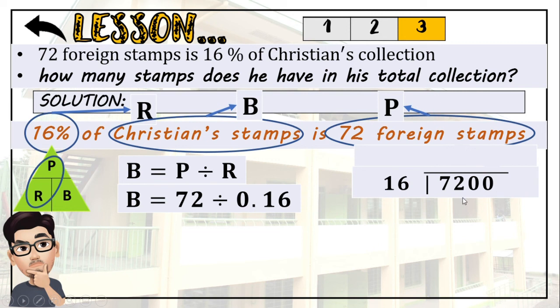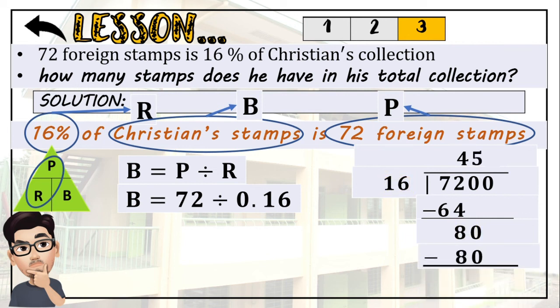Okay? So 72 divided by 16, we have 4. 4 times 16, we have 64. 72 minus 64, that will be 8. Then we bring down the next digit, which is 0. 80 divided by 16, that will be 5. 5 times 16, that will be 80. Then our answer is 0. Since we have another digit there, we still need to bring it down kahit 0 siya.